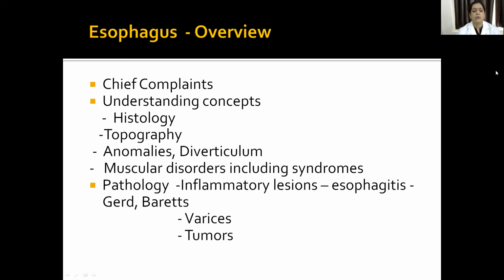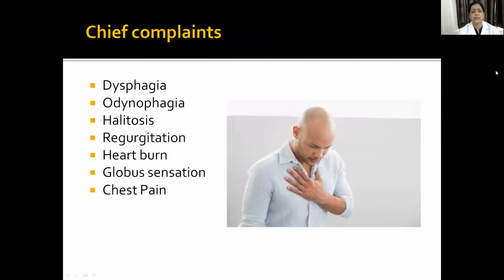Finally, I'll give you an overview of the histology, which is the basis at the cellular level for what you can know regarding the pathology of the esophagus. Then the muscular disorders, including the syndromes, which can all be given as questions for you. And then the pathology, that is inflammatory lesions, esophagitis, GERD, that is gastroesophageal reflux disease, Barrett's esophagus, varices, and the tumors.